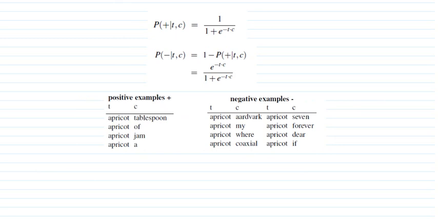Apricot is in context with jam. But apricot is not in context with aardvark. So aardvark is randomly taken as a context with apricot and marked as a negative sample, right? So in this way, from the whole corpus we can generate a lot of samples for all the words that are present in the corpus.